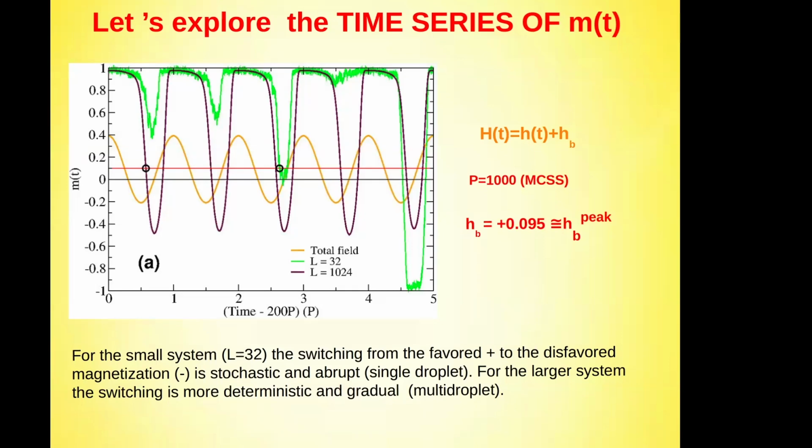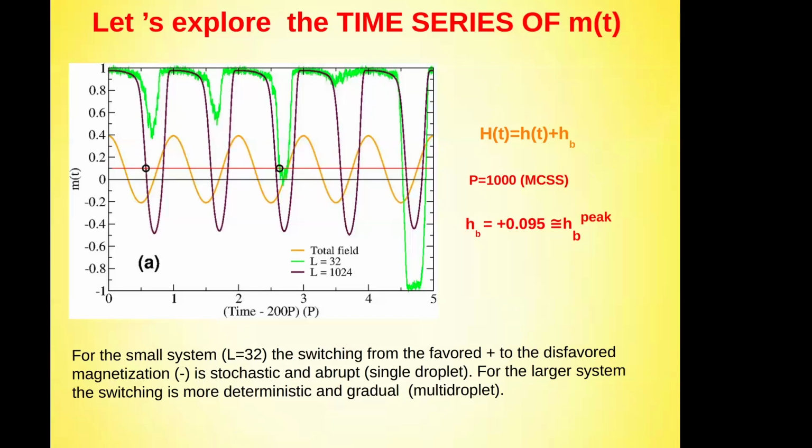This kind of switching that is stochastic is typical for small systems, and it is because the way the system switches from one phase to the stable phase is through the growth of a single droplet of the stable phase. This is called in nucleation theory single droplet.